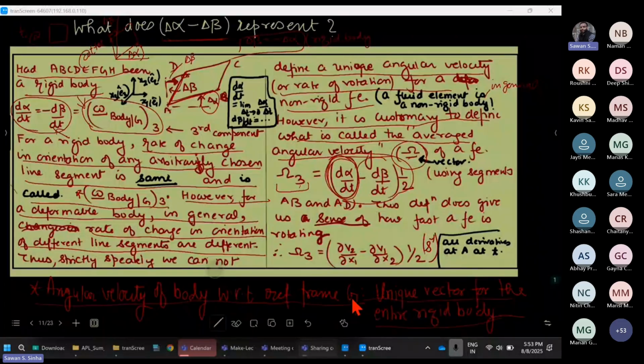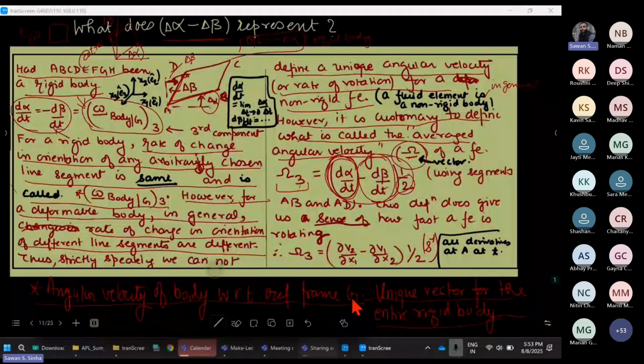This is the rate at which AD is changing its orientation. Both are different rates of change. I'm saying I'm going to define an averaged angular velocity. I will add the different rates of rotation of these two line segments, add them and divide by 2. That's why it's called averaged.